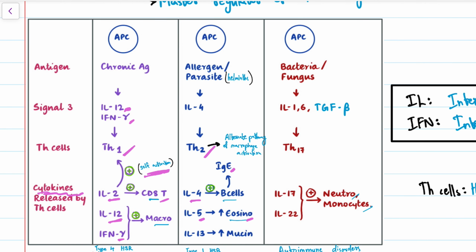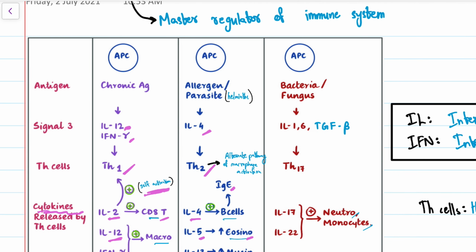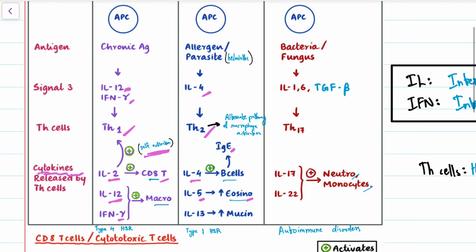And then the other category of antigens are the allergens and the parasites. In parasites, the helminths particularly send signals via interleukin 4, and this interleukin 4 goes and activates the Th2 cells. These Th2 cells work by the alternate pathway of macrophage activation. The cytokines released by the Th2 cell are interleukin 4, interleukin 5 and interleukin 13.